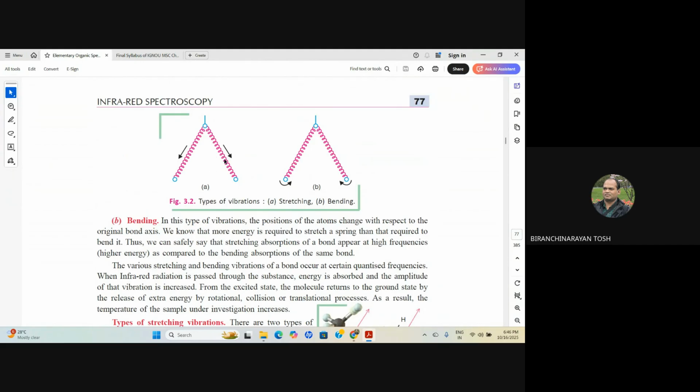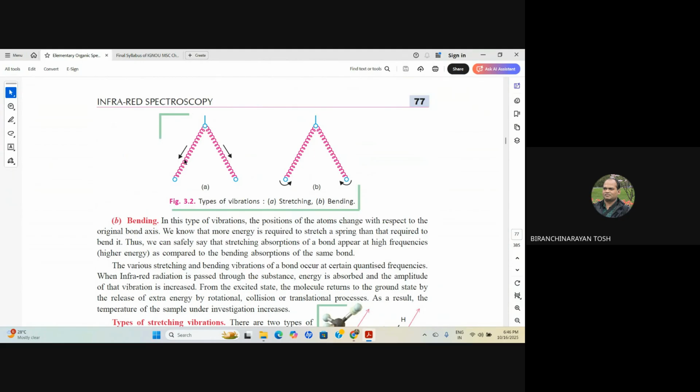Now let us remove this and discuss a diatomic molecule. Let these two atoms be a diatomic molecule. This molecule will have translational motion in x, y, and z directions, so three translational degrees of freedom.